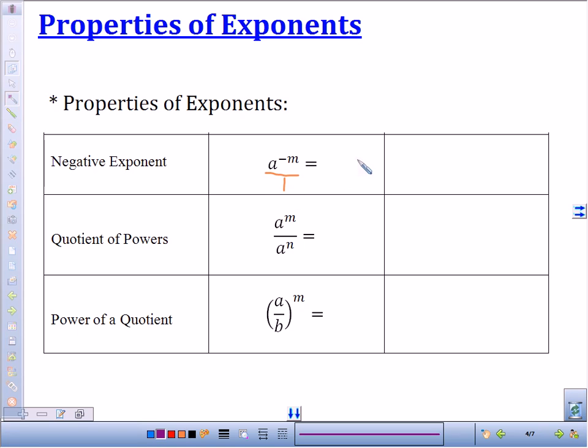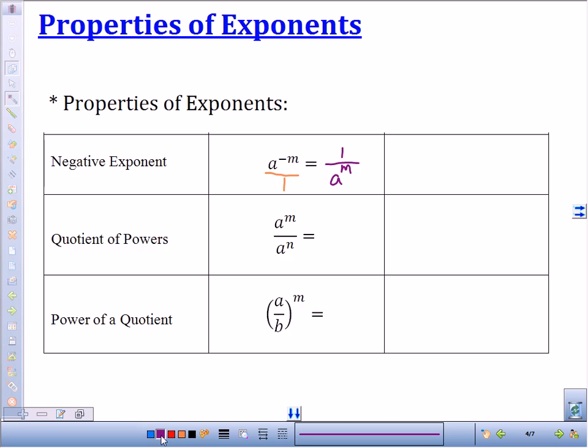You'll find that you'll take the reciprocal. Remember reciprocal. The reciprocal of 2 is 1 over 2. The reciprocal of 1 over 3 is 3 over 1, which is just 3. So I have a to the negative m over 1 becomes 1 over a to the m. Notice that the negative sign went away when I took the reciprocal. And that's really all the negative sign tells you to do with exponents, is take the reciprocal.